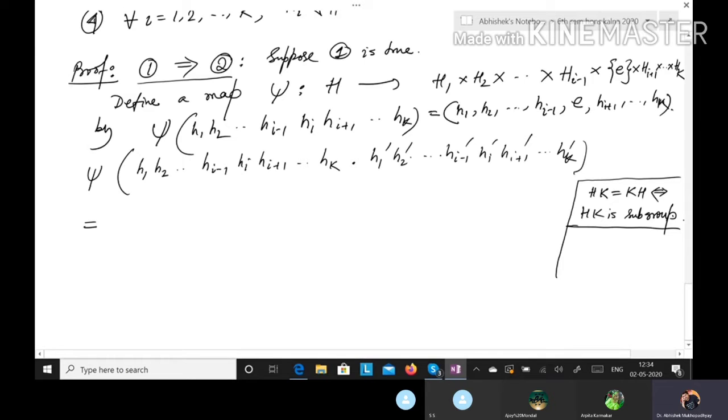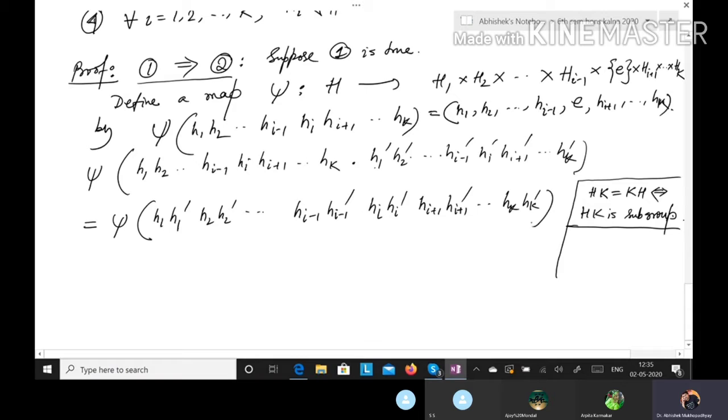So with the help of this, you will have psi of just doing this one: h1 h1 dashed, h2 h2 dashed, hi minus 1 hi minus 1 dashed, hi hi dashed, hi plus 1 hi plus 1 dashed, hk hk dashed.